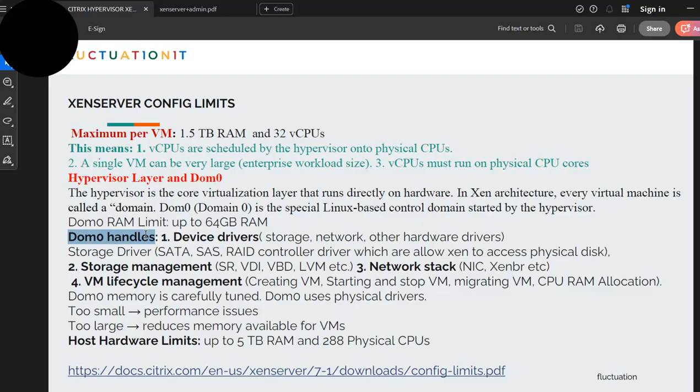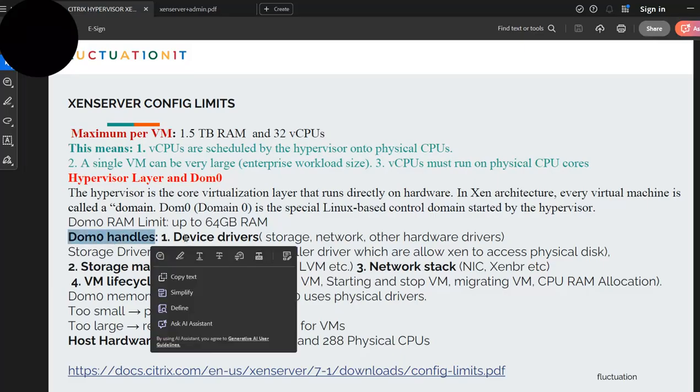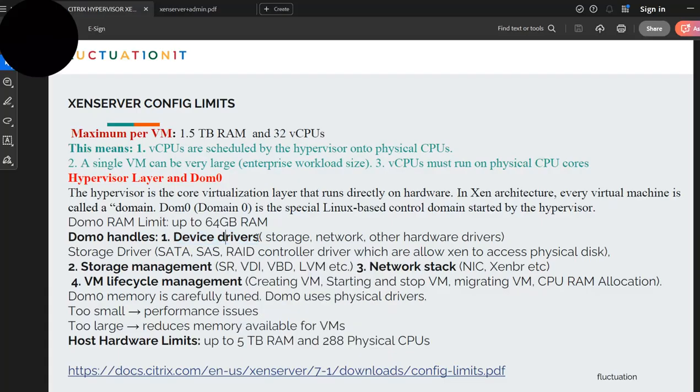So Dom0, what does Dom0 do? Dom0 handles the device drivers, meaning storage, network or other hardware drivers. Secondly, it manages storage: SR, storage repository, virtual disk image, VDI, LVM, etc. And thirdly, Dom0 handles the network stack, that means NIC and xenbr.